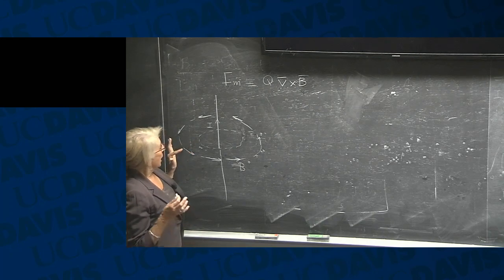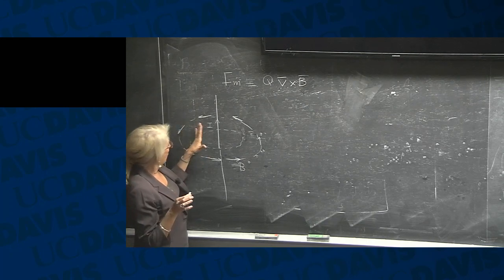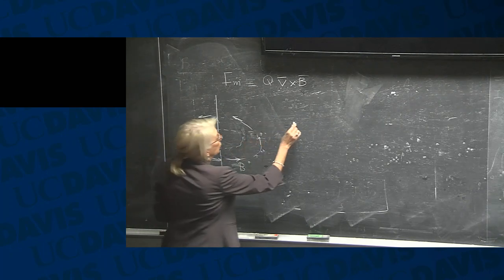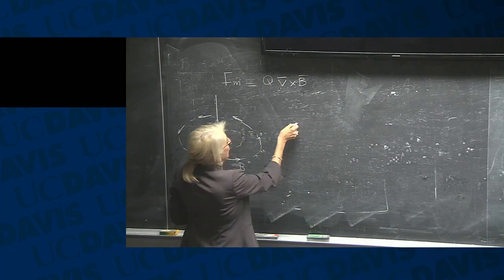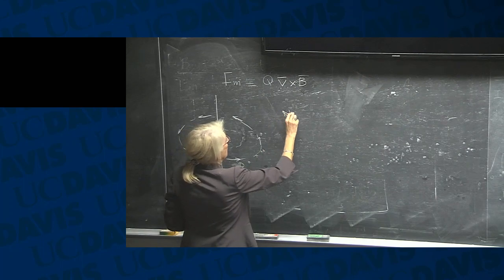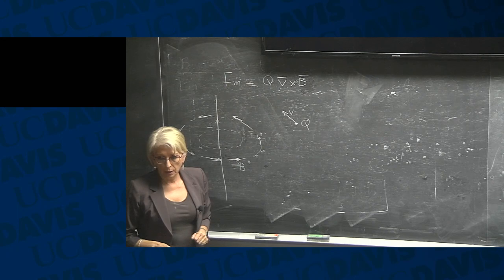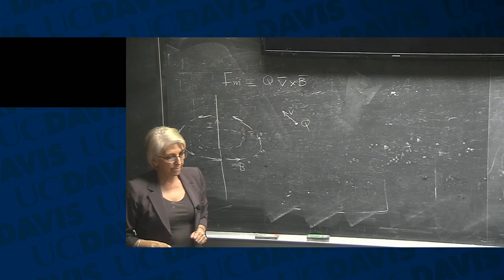Okay. That means that now if I have a current like this, I, and I bring a Q here that goes with the velocity V, what is going to happen to this Q? Yes?